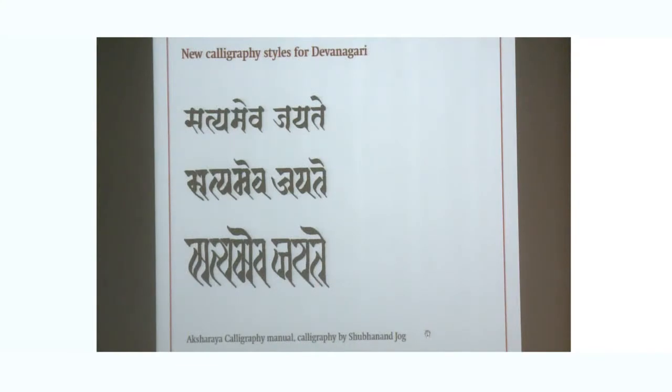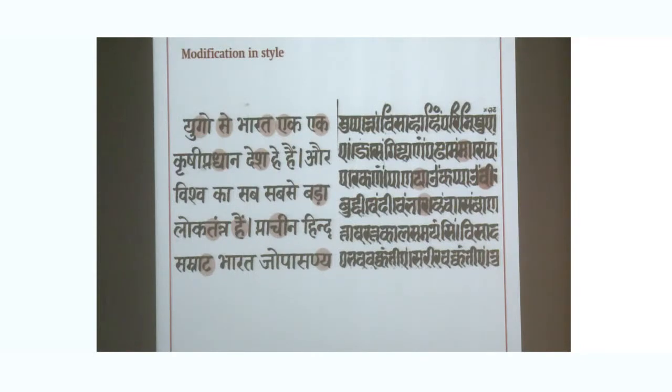A similar style was achieved by the same calligrapher in Satyameva Jayate. You can see how the terminals have been treated. This thin and curved treatment is a more exaggerated manner of Jain style. For the last example, I'll show my work, the modification I've done in Devanagari calligraphy.